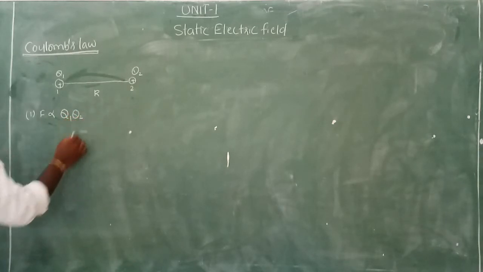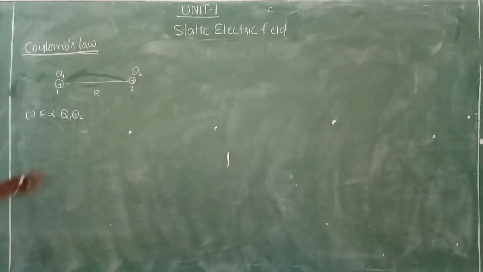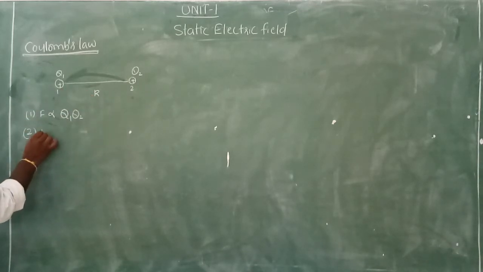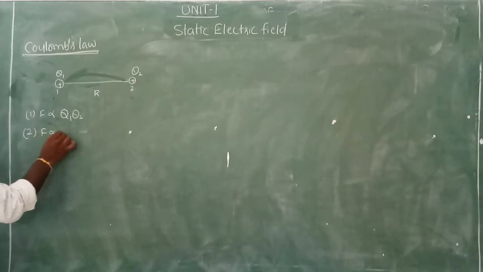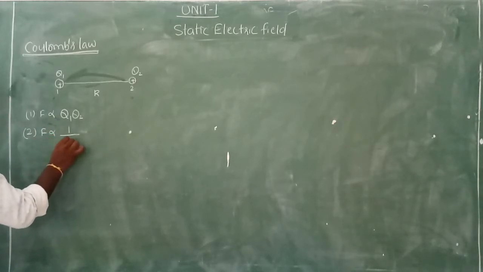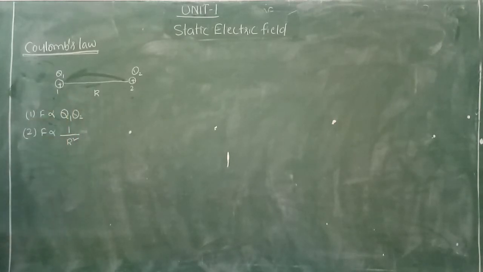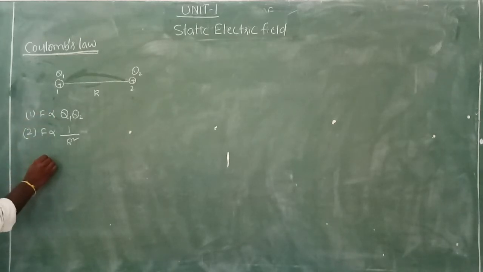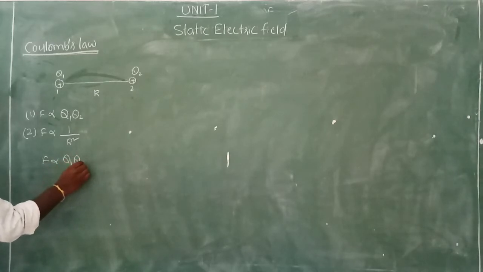That means the force between the two point charges is directly proportional to the product of the magnitudes of the charges, and it also depends upon the distance. The force is inversely proportional to the square of the distance between them. Now if you combine these two, the force is directly proportional to q1 q2 by r square.